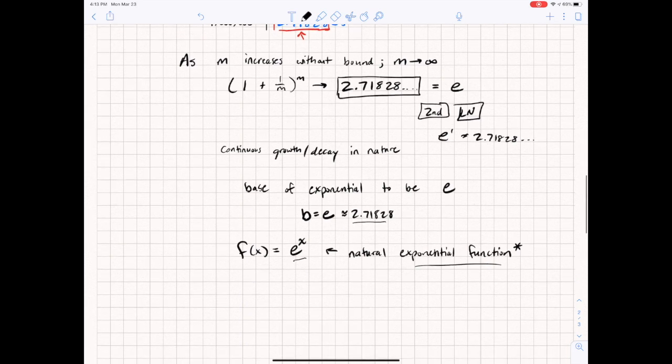So its graph, if you were to graph this on your calculator or in Desmos, would look something like this, passing through 0, 1 as a basic power function. Now, this function is very, very important, and we're going to see it a little bit later when we're dealing with this idea of continuous growth or continuous decay.